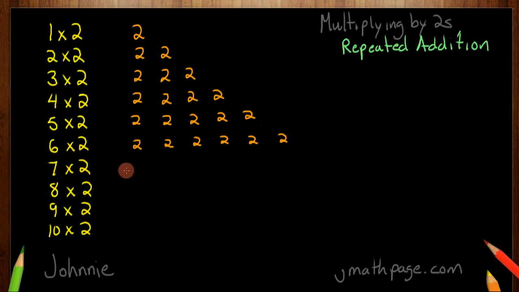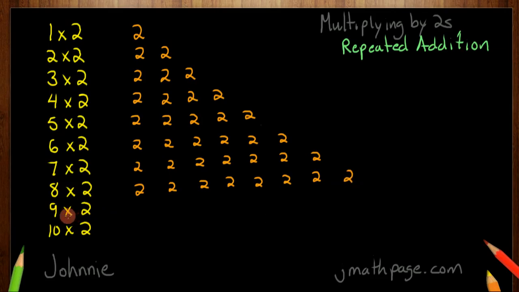Seven 2's. 7 times 2, 1, 2, 3, 4, 5, 6, 7 2's. 8 times 2, eight 2's: 1, 2, 3, 4, 5, 6, 7, and 8. Nine 2's.